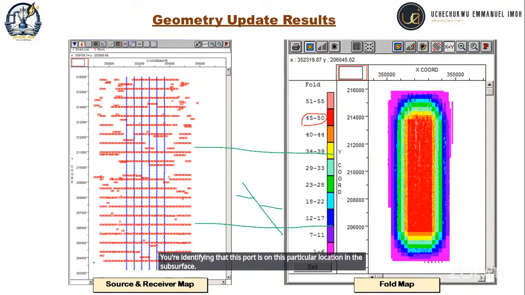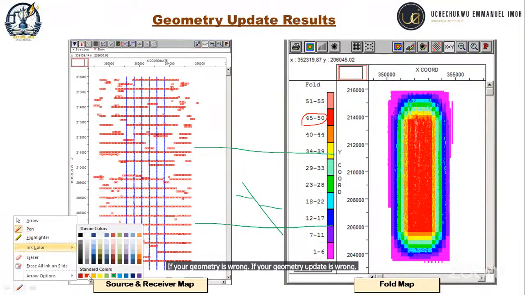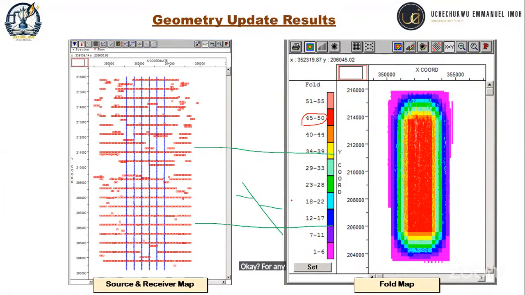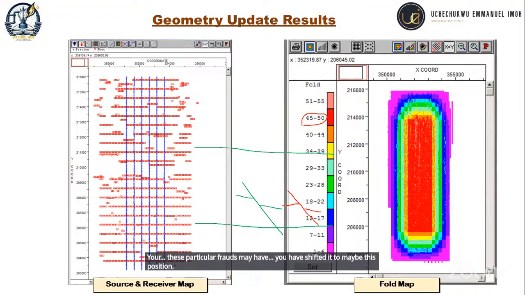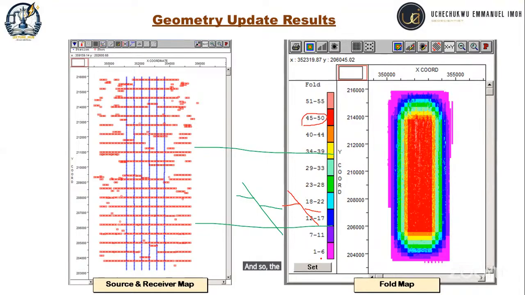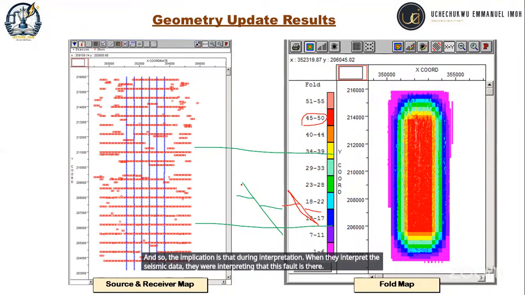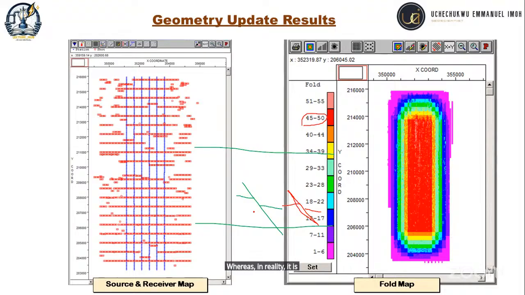If your geometry update is wrong, okay, for any reason you did it wrong, it means that in the subsurface, this particular fault you have shifted it to maybe this position. And so the implication is that during interpretation, when they interpret this seismic data, they will be interpreting that this fault is here, whereas in reality, it is where the green one is.